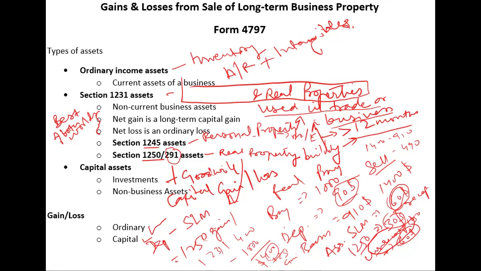And as per section 291, recapture 20% of the lesser of recognized gain or accumulated straight line depreciation as an ordinary gain.